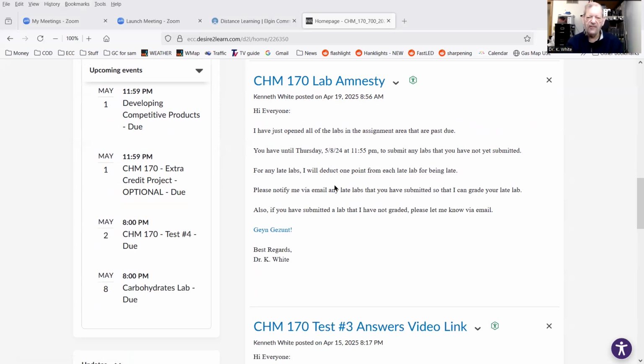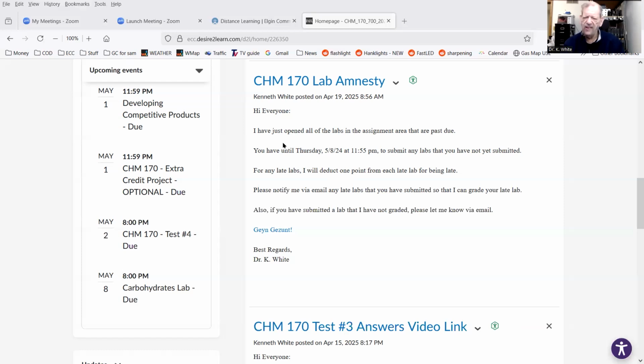The other thing I wanted to remind you about is lab amnesty. The lab points are important for your grade, and they're not that hard. You have until Thursday, the 8th of May, at the end of the day, to submit any labs that you have not submitted that are late. So please submit all your labs.